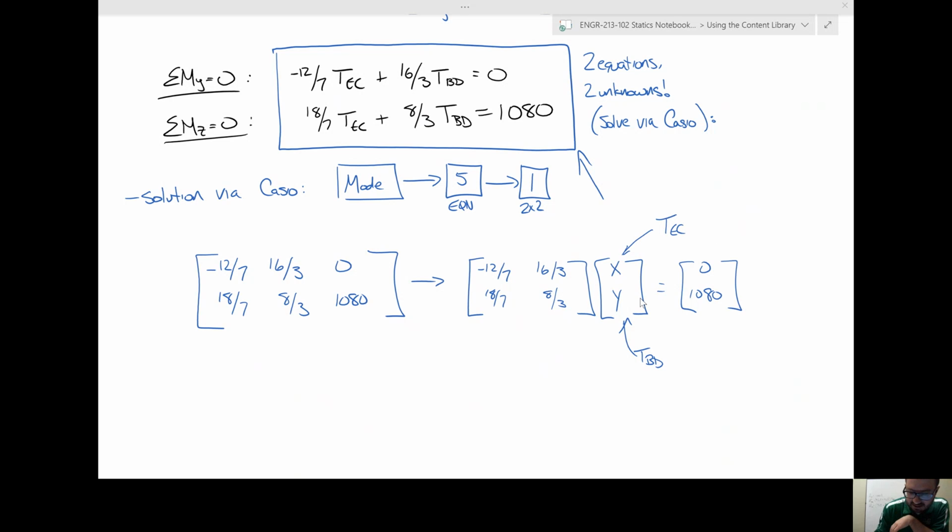Or wait, oh, I pressed the AC instead of, sorry, so minus 12 divided by 7, and then press the equals button. 16 divided by 3, press the equals button. 0 equals 18 over 7 equals 8 over 3 equals 1080 equals.